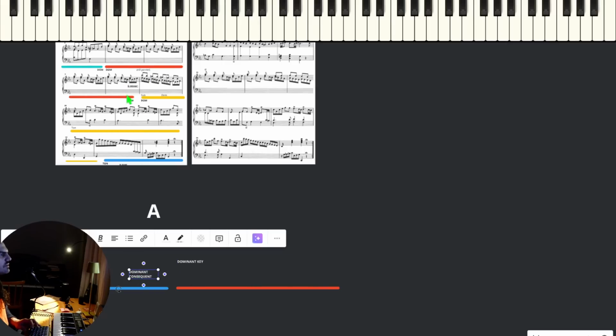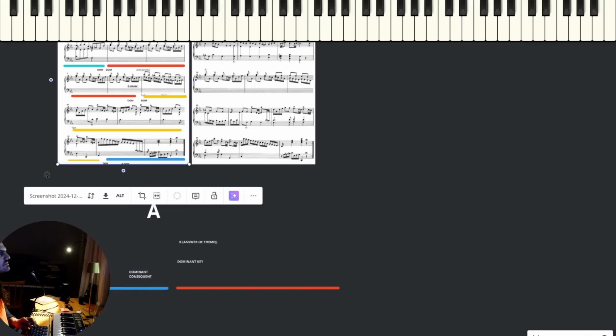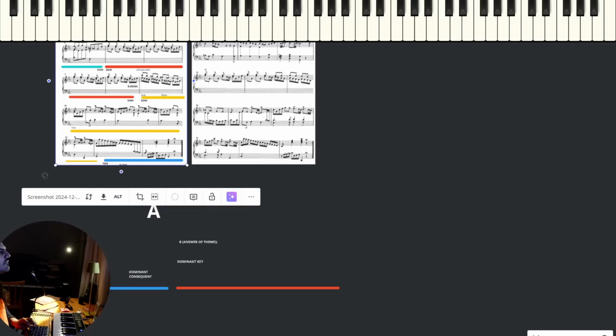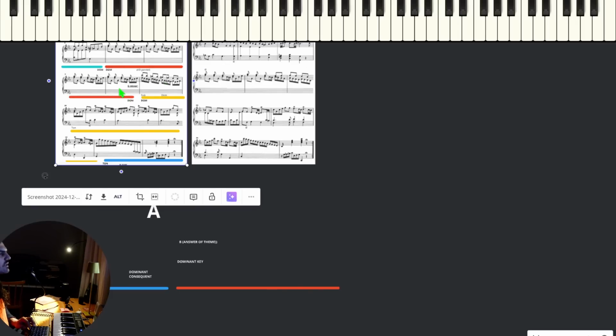Here, so this part of the music where we are still in C minor. Okay, we are in C minor until here, and this is the exposition of the theme.